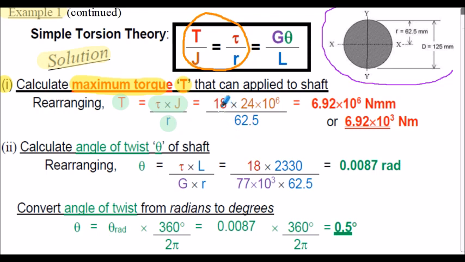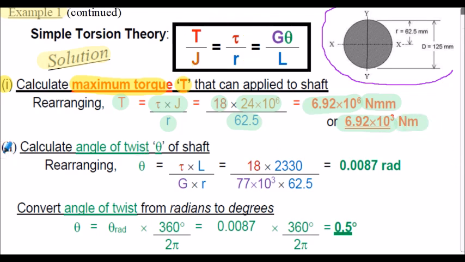Inserting the values, that becomes 18 newtons per millimeter squared multiplied by 24 times 10 to the 6 millimeters to the 4, divided by the radius here of 62.5 millimeters. So for the given parameters, the maximum torque we can apply is 6.92 times 10 to the 6 Newton millimeters, or divided by 1000, that's 6.92 times 10 to the 3 Newton meters.